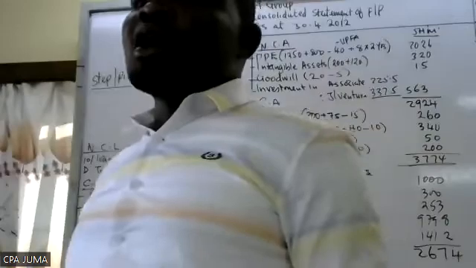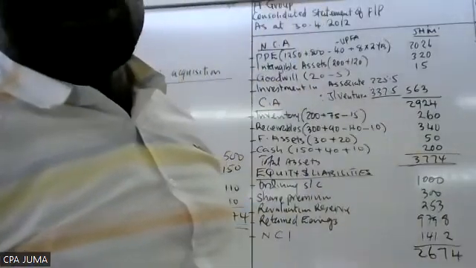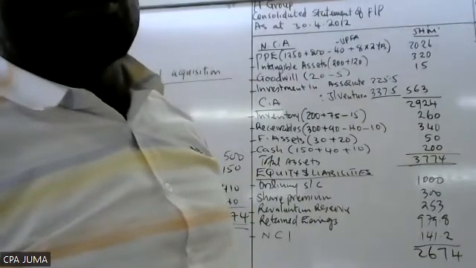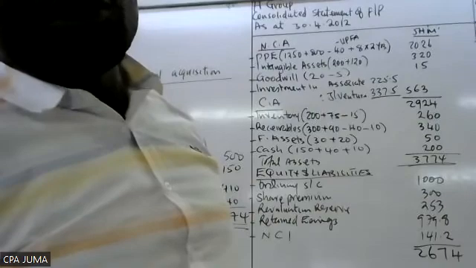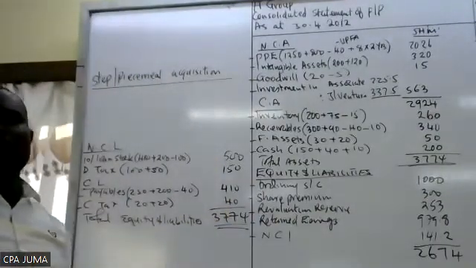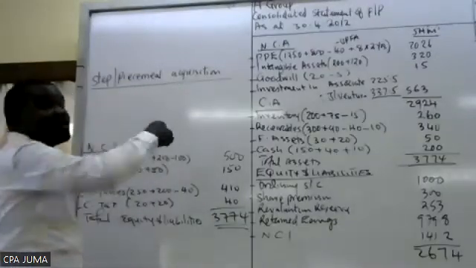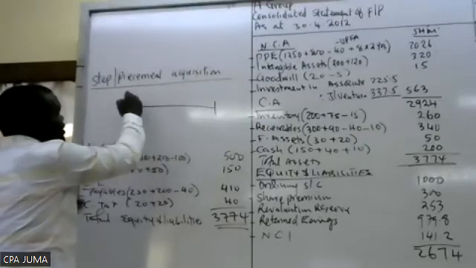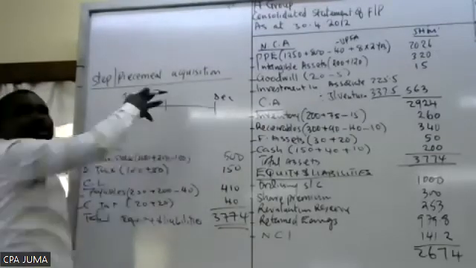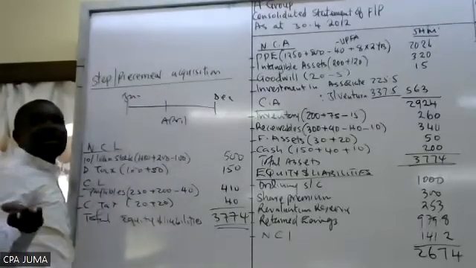Full stop. There is a lot of story here. Goodwill should therefore be determined after the step acquisition. What happens is simple. The parent maybe was having 40%. When the year started in January, going to December, from January up to around April, the parent was having 40% in that company.